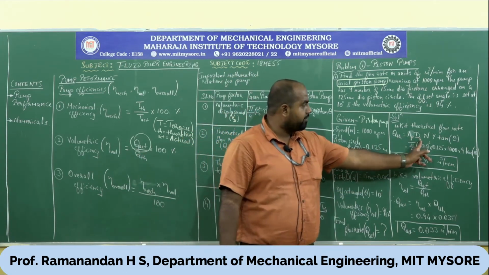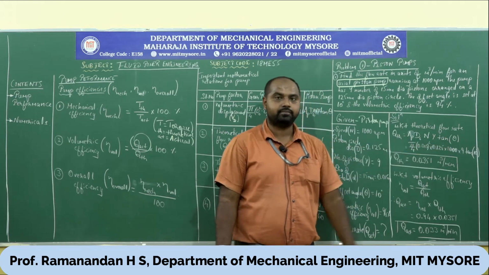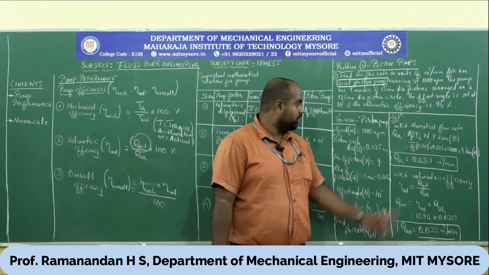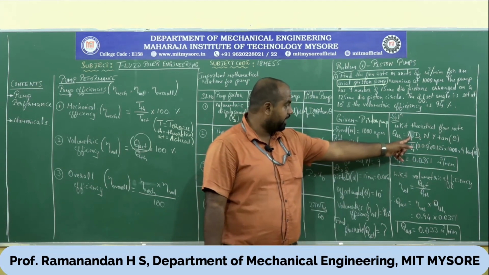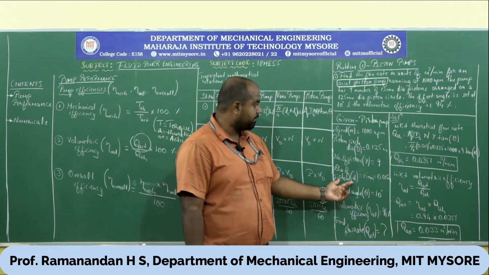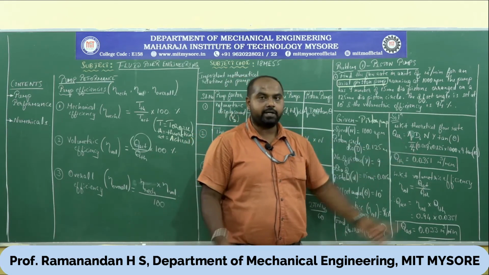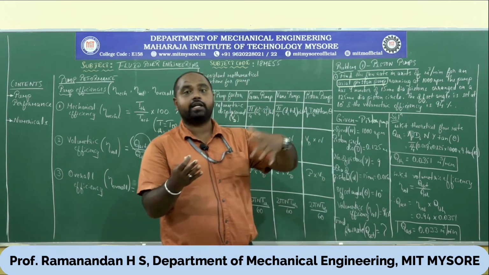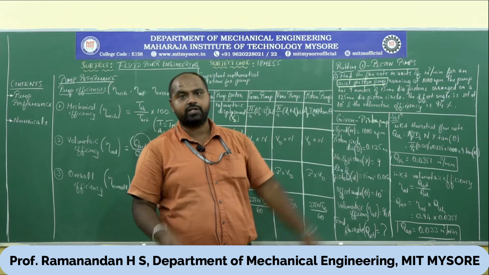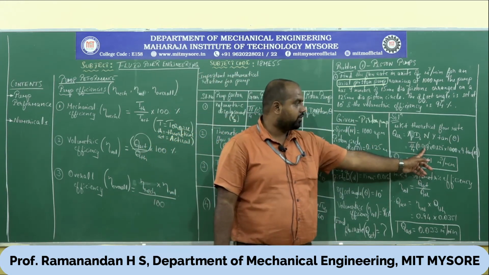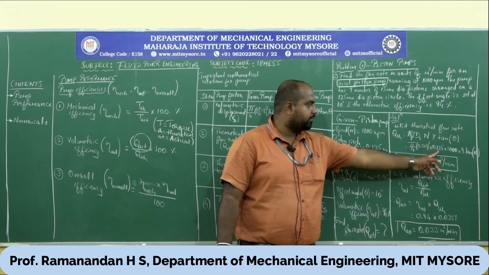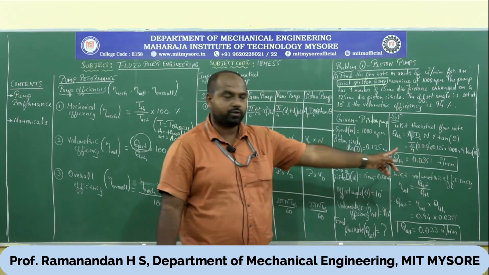Q_TH is A_P, d_B, N, Y, tan theta. So has he given all this data? Just cross check here. He has given A_P because I can calculate it with the help of the diameter of piston, which is already given. I can calculate area of piston, pi by 4 into d square. That is what we have done here, pi by 4 into 0.015 square. d_B is nothing but the diameter of the bore, we have substituted.